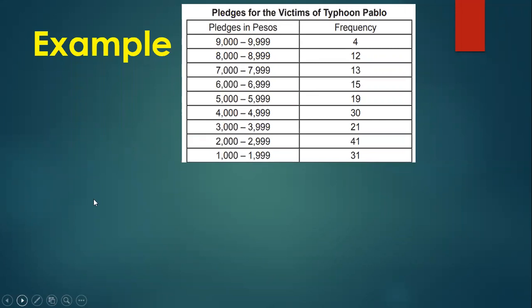Okay, another example. Pledges for the victims of Typhoon Pablo. On the left side of the table is the pledge in pesos, and on the right side is the frequency. So step number 1, you need to get the upper class boundary. The highest interval's upper limit here is 9,999.